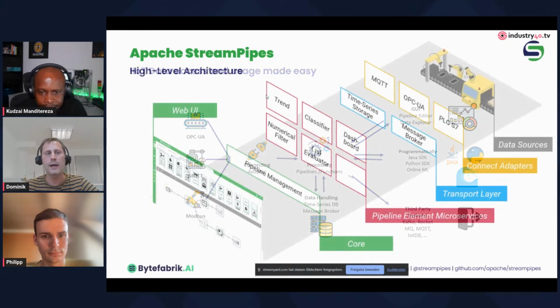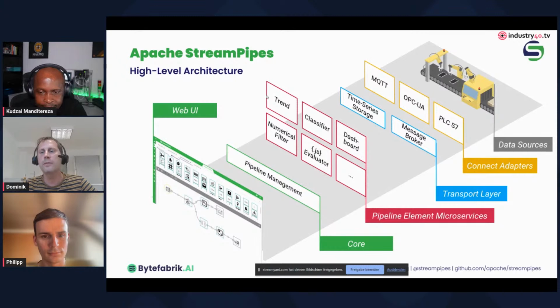So, a high-level view on the architecture of Streampipes. When you start looking at the data sources where data typically comes from, there is a library, typically a microservice, that includes several connectors that can be configured by the web UI. And these connectors directly get data from the PLC or the underlying source system. Data which is collected by this adapter library is then forwarded to the message broker.